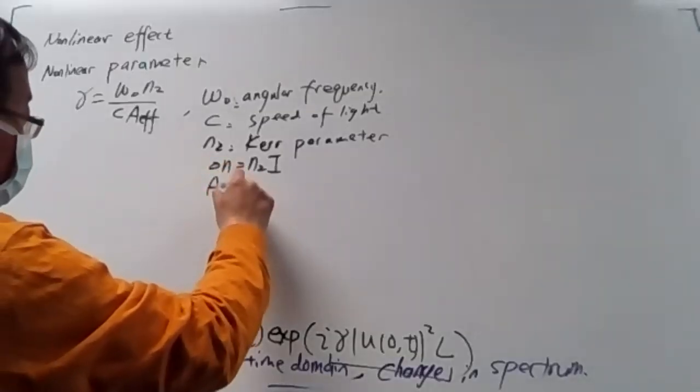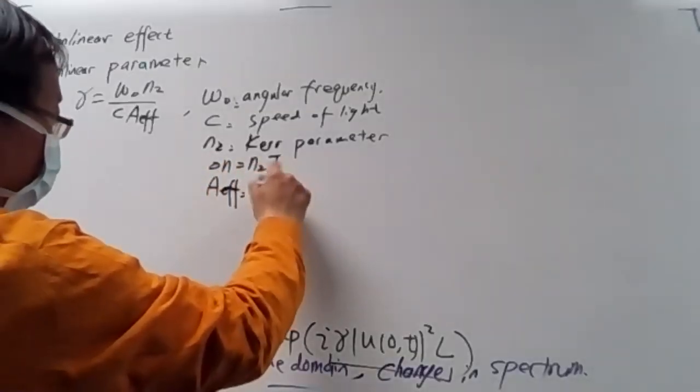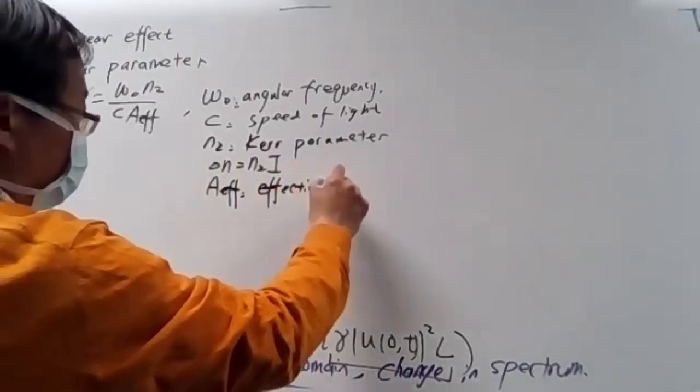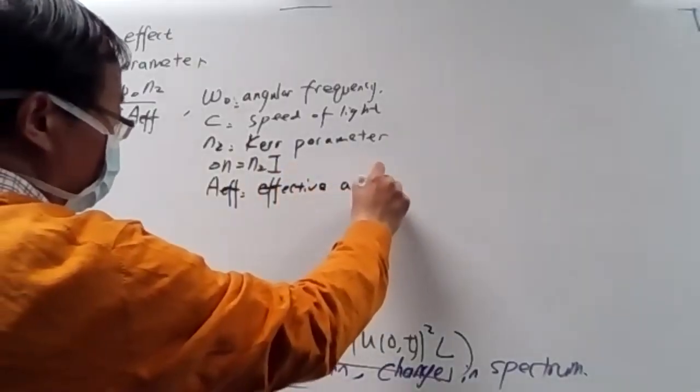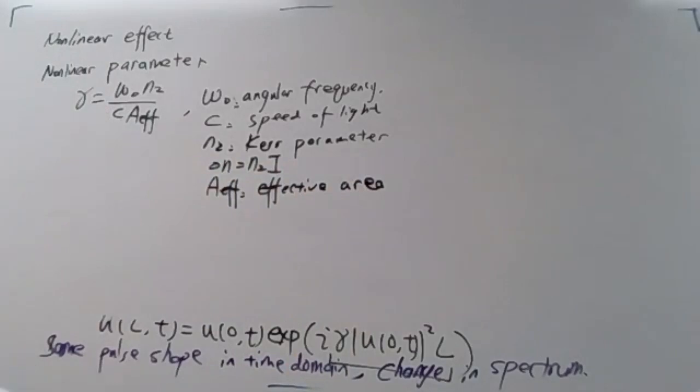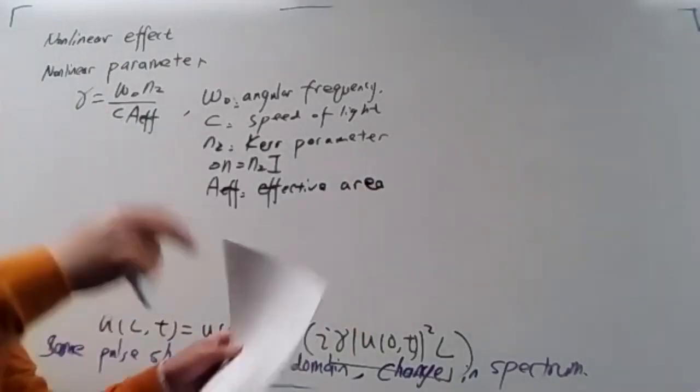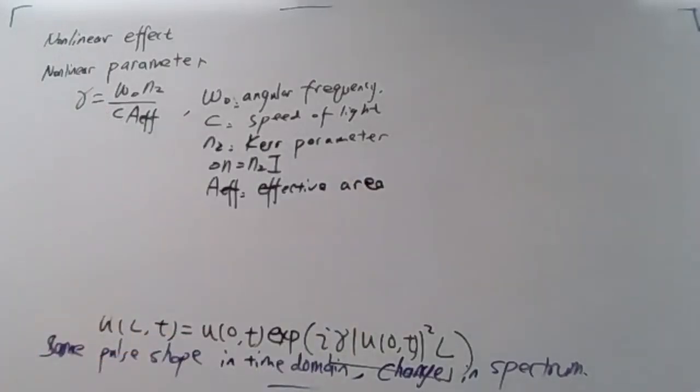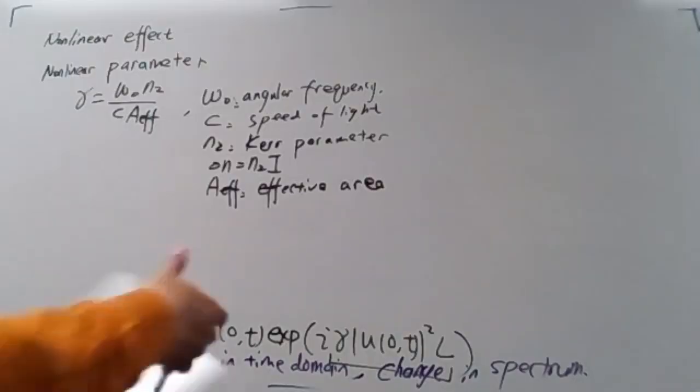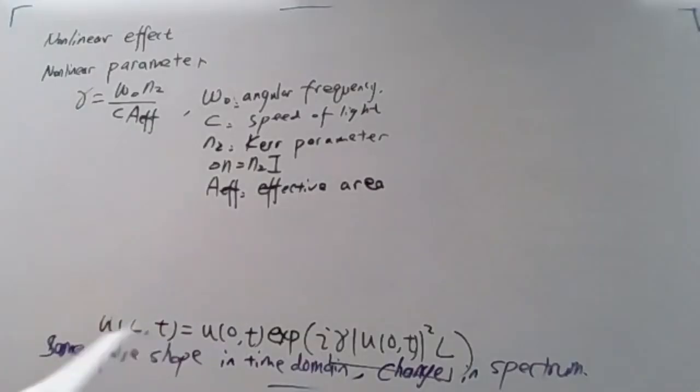So A effective is the effective area. Meaning, what is the pulse area? Effectively, what is the laser beam area? Okay, let's look at the silica.